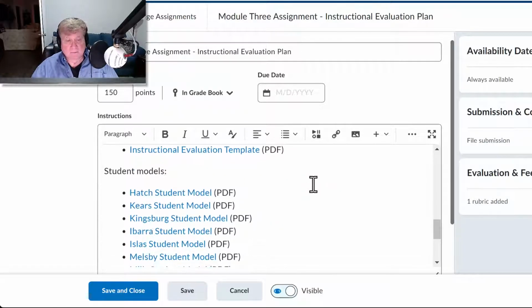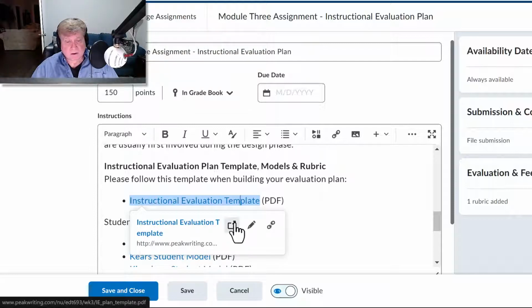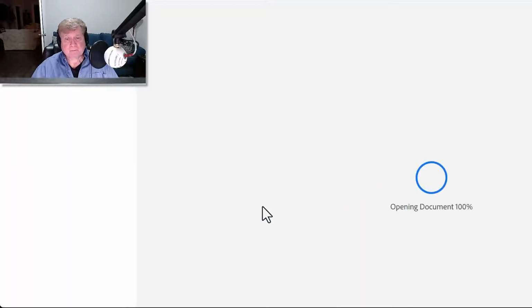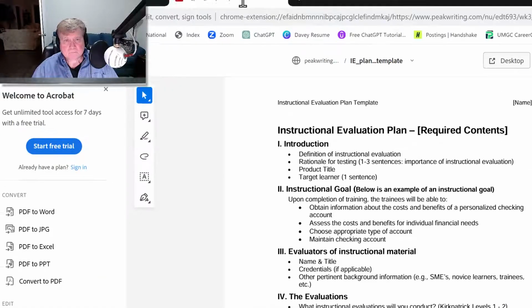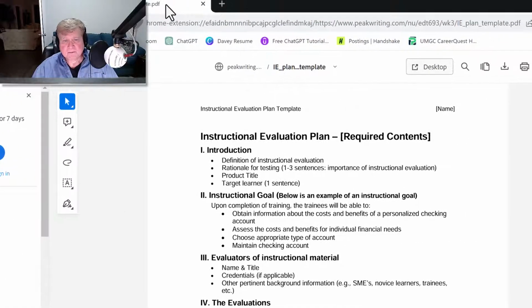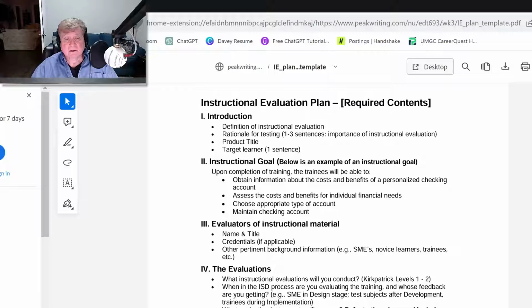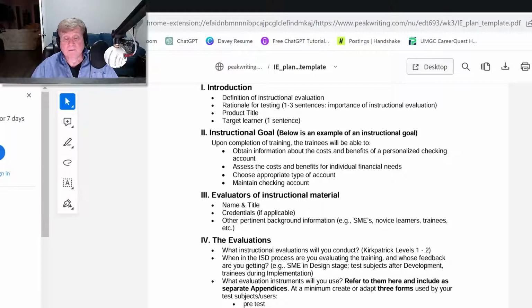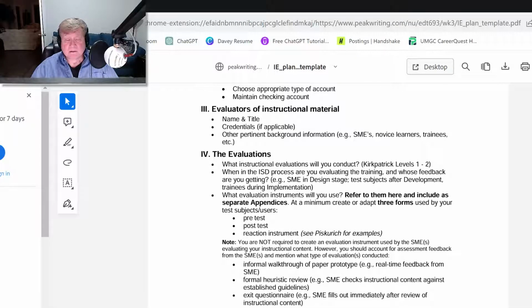Here are some models. Of course, there's a template here for you to follow. Let's call that up. Here is the template. Pretty easy to follow. Feel free to use exactly these headings: introduction, instructional goal, the list of your evaluators, then the evaluations themselves.